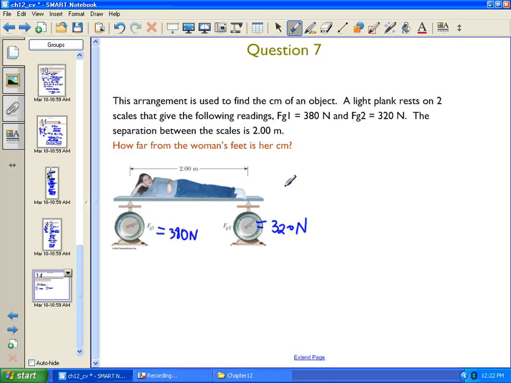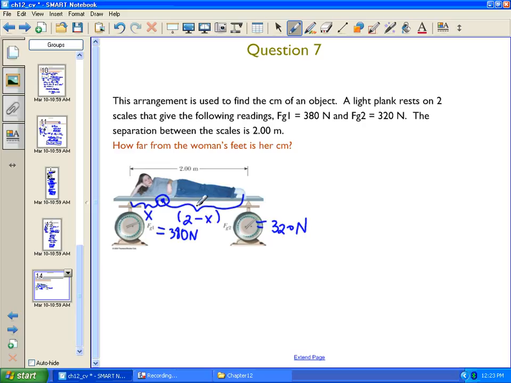we are trying to locate her center of mass, or her center of gravity, whichever way we want to say it. And let's just hypothetically say that it occurs at this location. We don't know, but we're going to assume that it's at this location here. Now, if we label that to be x, then this distance here would be labeled as 2 minus x.